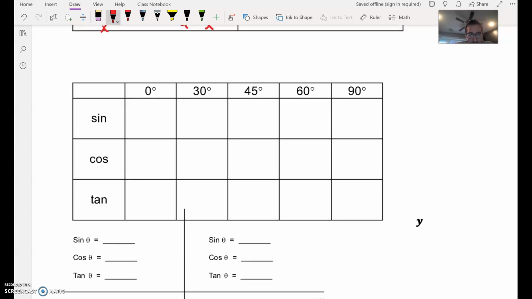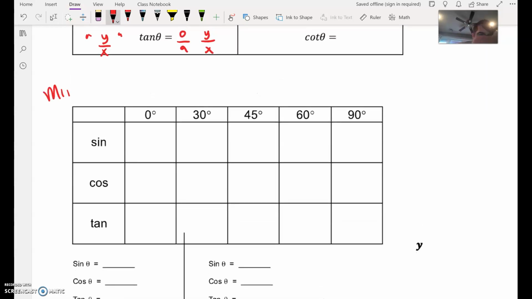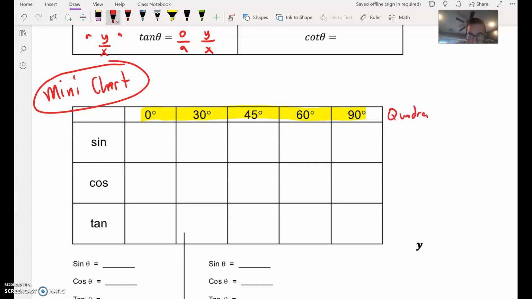So you know how we got the big chart? This is the mini chart. And I told you I'm not a fan of memorization. This is the one chart that you need to memorize. Because if you notice, 0, 30, 45, 60, 90, this is basically just quadrant 1. And we are going to memorize the sine of 0, the sine of 30, the sine of 45, the sine of 60, and the sine of 90.